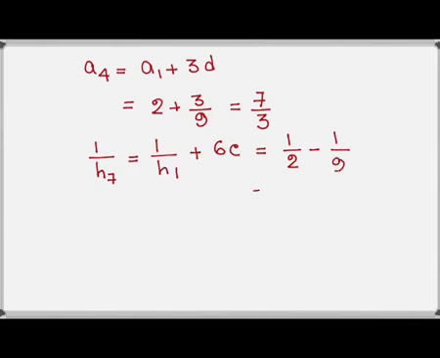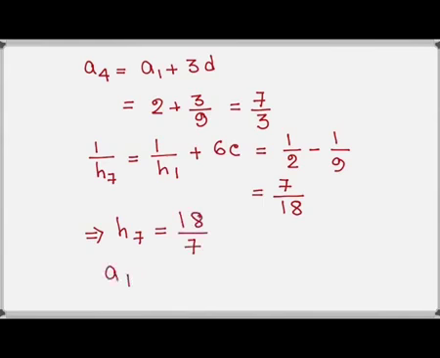So 1 by H7 is equal to 7 by 18. So we have H7 is equal to 18 divided by 7.